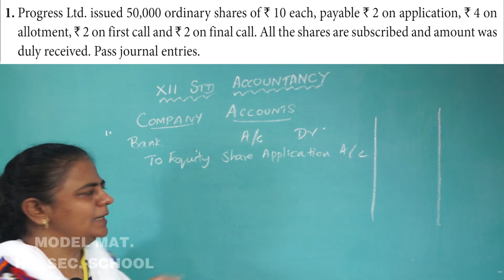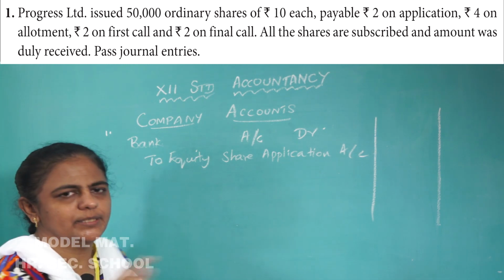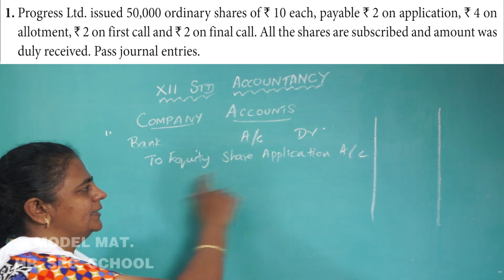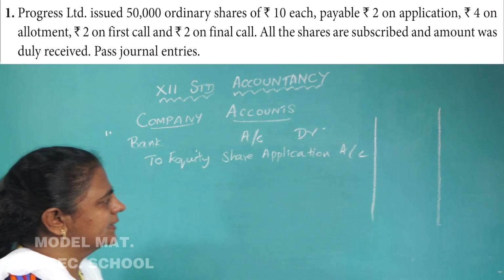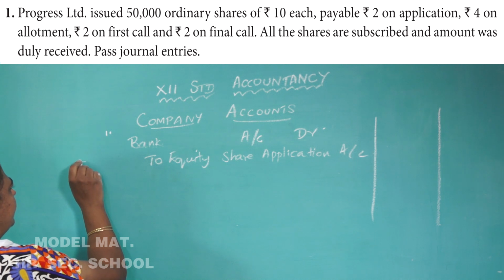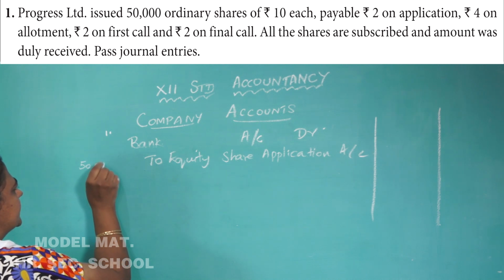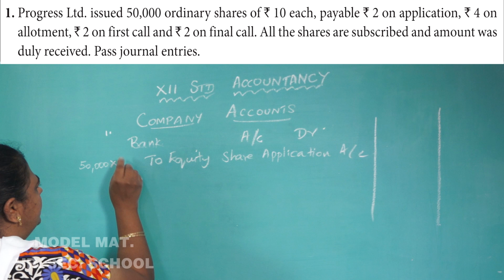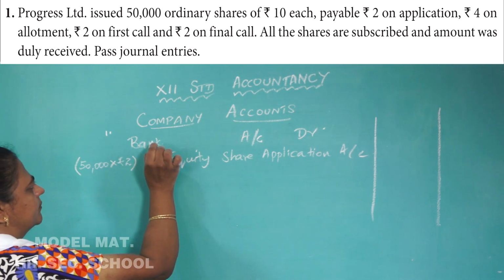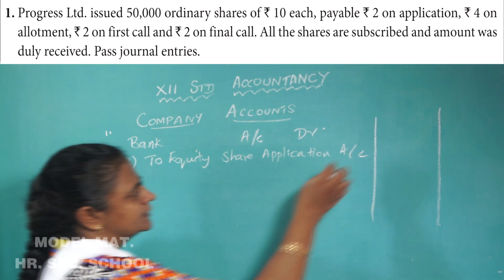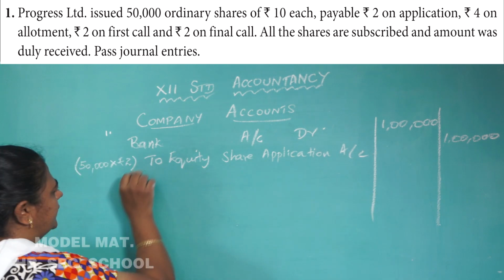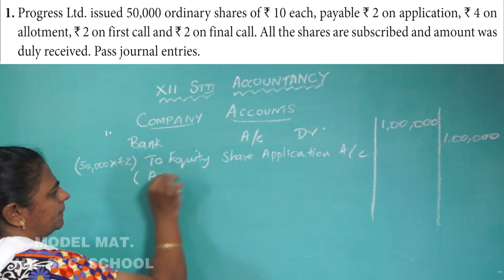Since it is mentioned, I am writing equity. Suppose nothing is mentioned, then you need not write anything; you can just write share application. Is it clear? So 50,000 shares into rupees 2, you can put this in the margin, that will give 1 lakh. Here you must write application money received.